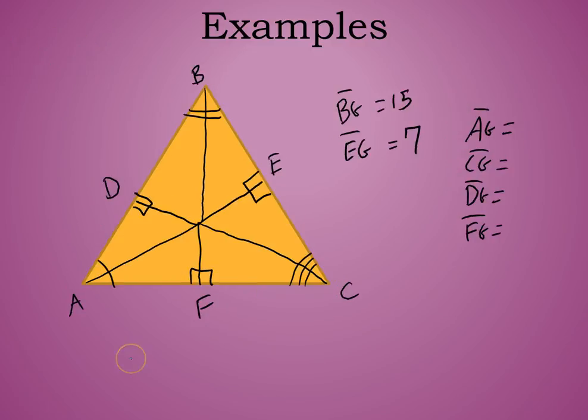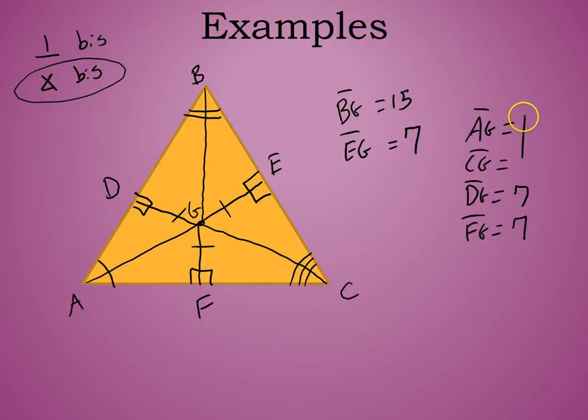If I am given the angle bisectors, as in this case, we again ask ourselves which one we have. As you can see, we do have angle bisectors, and none of the perpendiculars are bisecting. With our angle bisector case, the perpendicular lines themselves are all going to be the same length. So DG, EG, and FG are all going to be 7. And the angle bisector lines themselves, we don't know what their values are. They could be 15, but they're probably not.